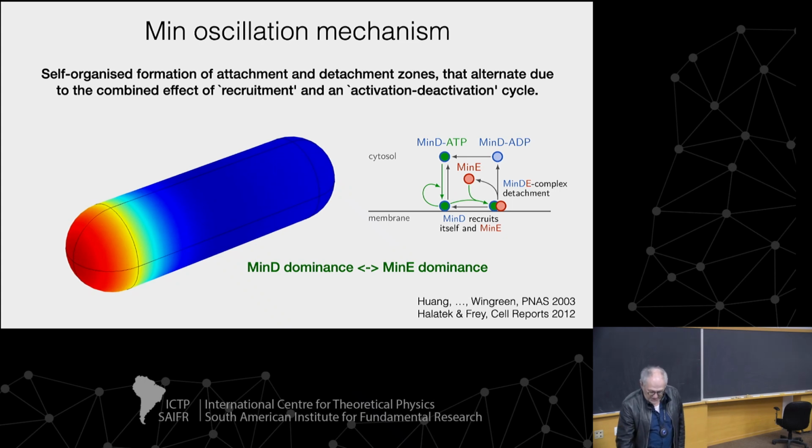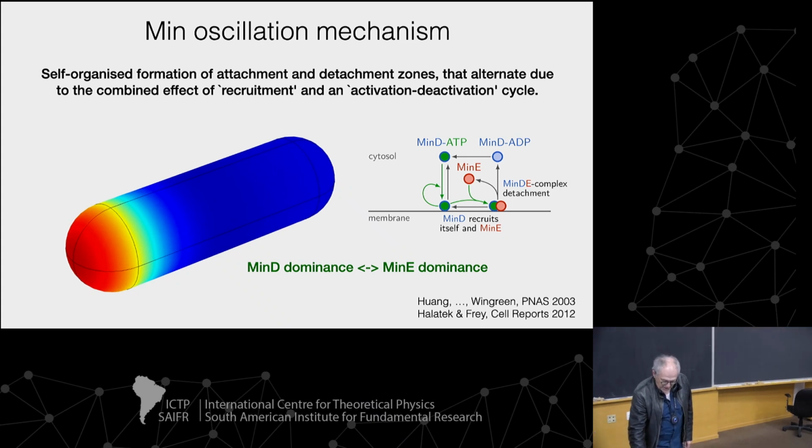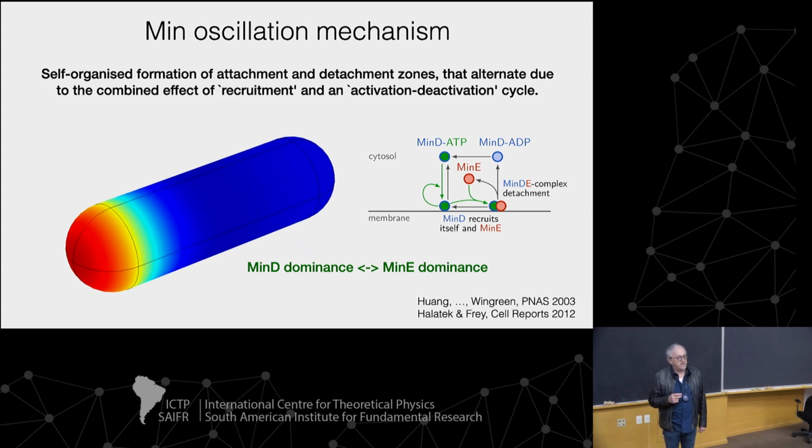Now, when you think about this, there is one element here in this MinE, MinD dominance that's alternating, which has to be the case in order for that thing to work in the first place. Okay, and this is now heuristic arguing, but those things are important.